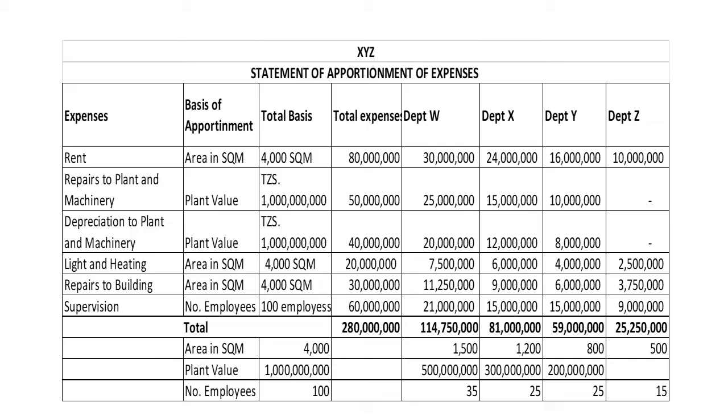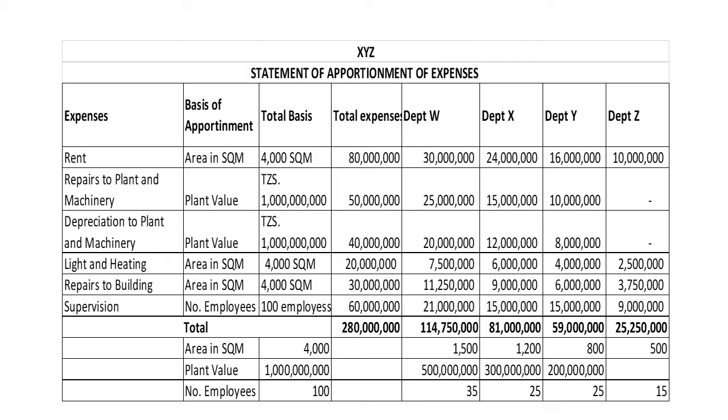And for department X, the value of the plant in that department is 300 million, divided by the total value of plant, times 50 million total expenses.